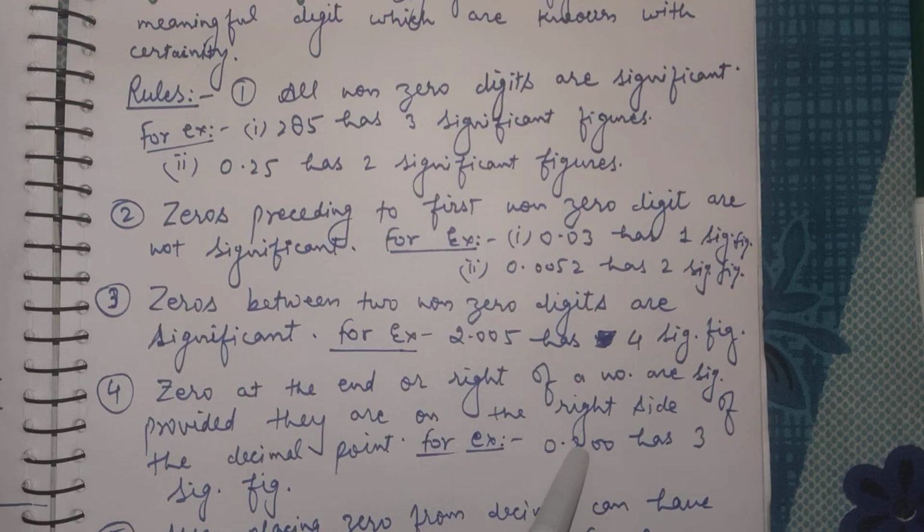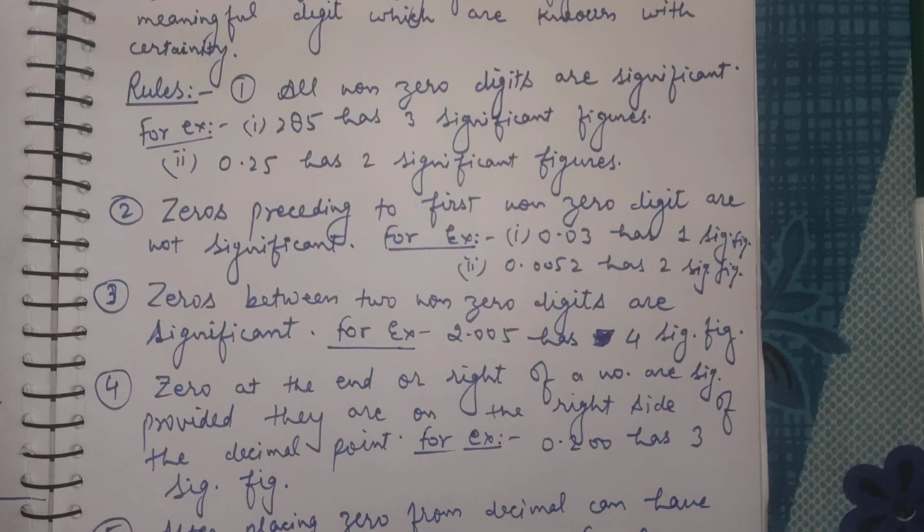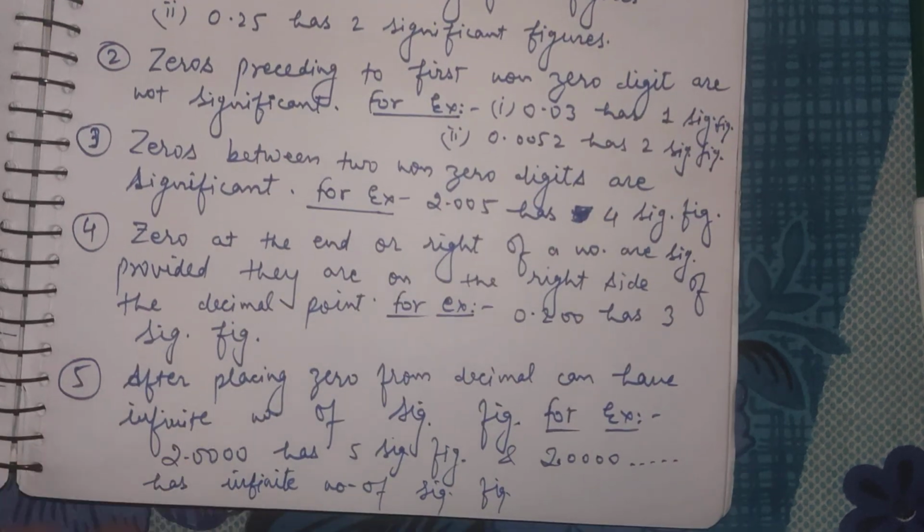Zeros behind the decimal, after any non-zero number, can be considered. So 2.000 has five significant figures, and if I write infinitely many zeros, it can have infinite significant figures.